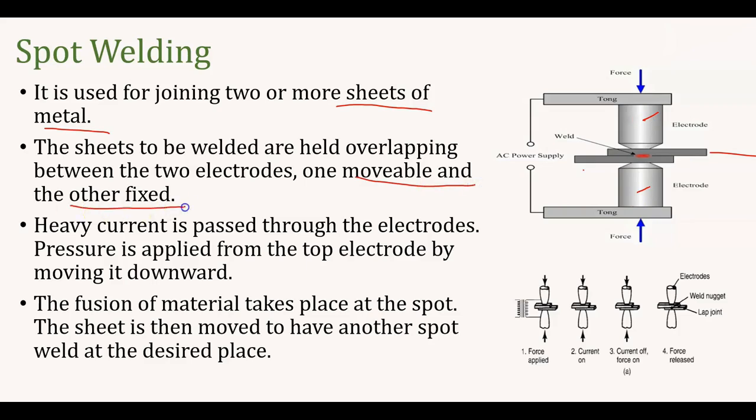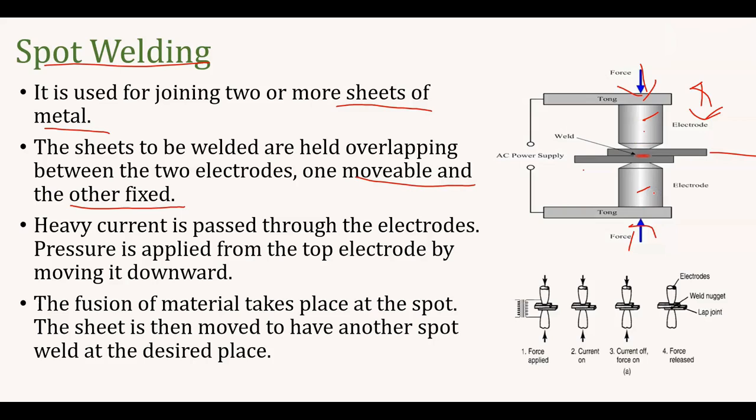Mostly in spot welding, only one electrode is movable and the other is fixed. We keep the sheet metal in between the two electrodes and initially apply some pressure. After that, heavy current is passed through the electrodes, and the pressure is applied from the top electrode.